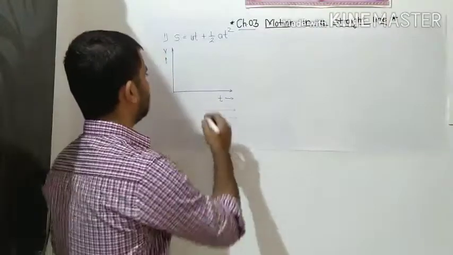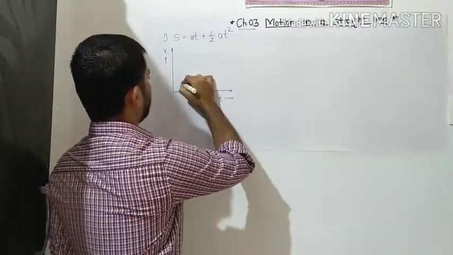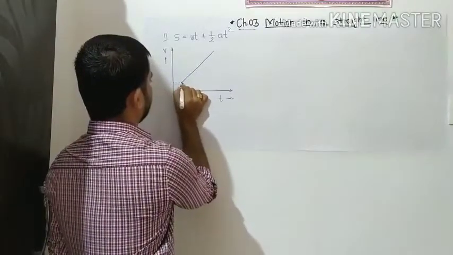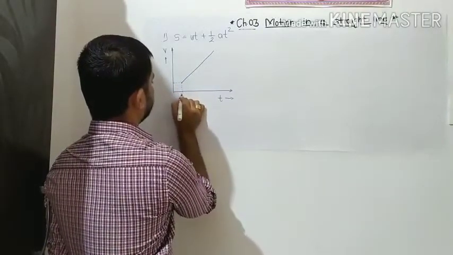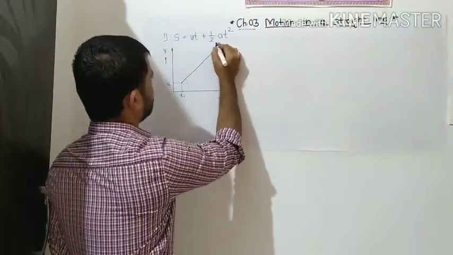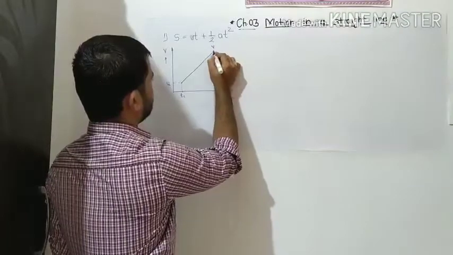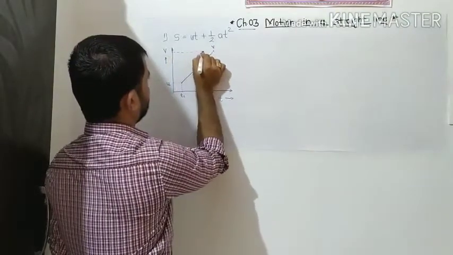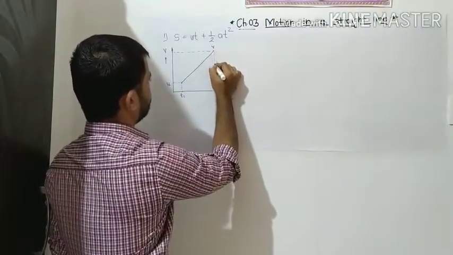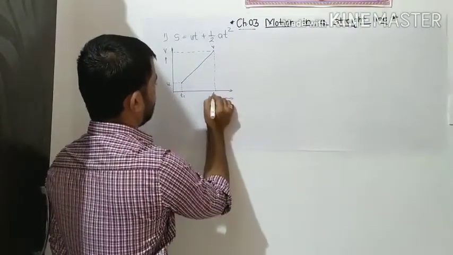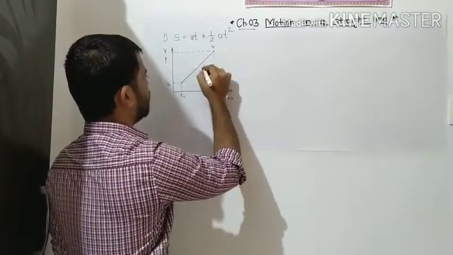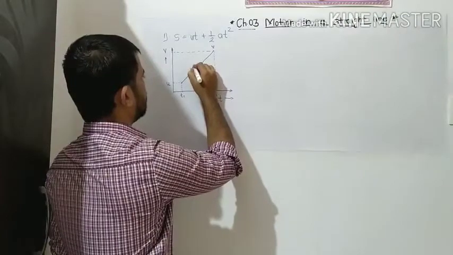At t1 it is the initial velocity u, here it is v, here it will be t2, and this total distance traveled is s.